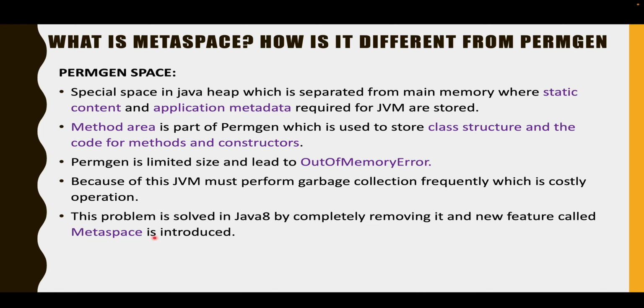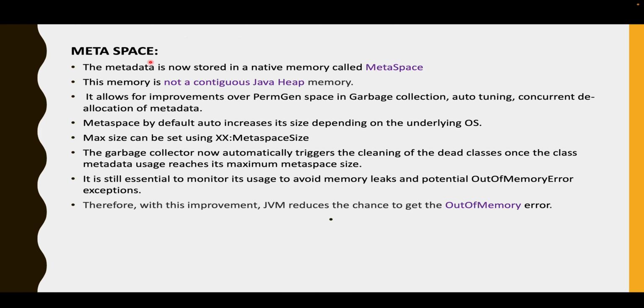Let's see how metaspace has solved all these problems. We discussed in a previous slide that metadata was stored in Permgen space till Java 7. From Java 8, all this metadata information is stored in native memory called metaspace, and metaspace is not contiguous Java heap memory, but Permgen space was contiguous Java heap memory.